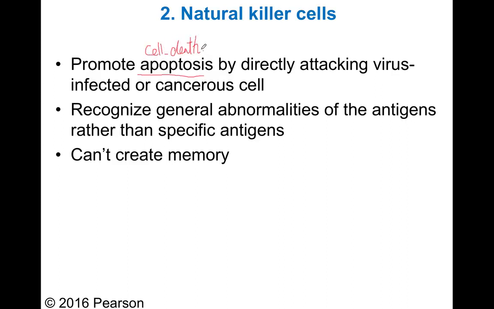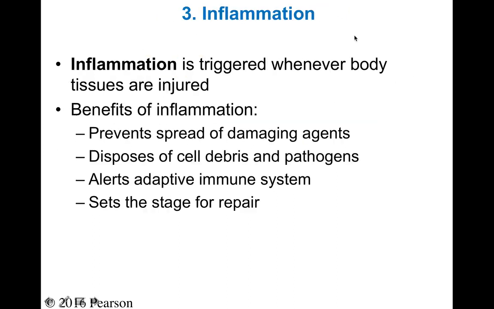So when a cell has been infected or damaged, typically by a virus, or is a cancerous cell that is basically not the same cell anymore, natural killer cells identify these cells by identifying abnormalities on the antigen, and as a result they promote that cell to commit suicide. Note that these are part of the innate immunity, which means they will not carry any sort of memory as part of their process.